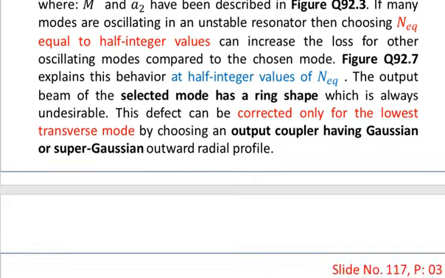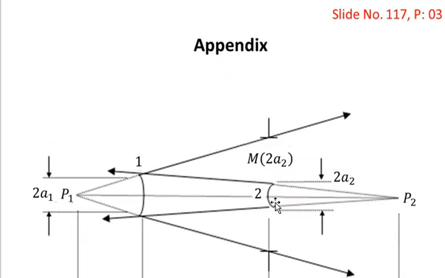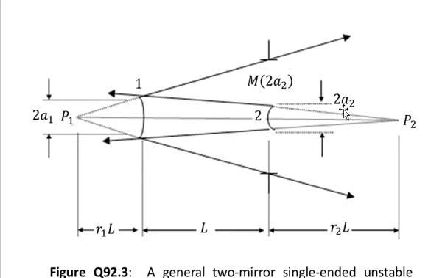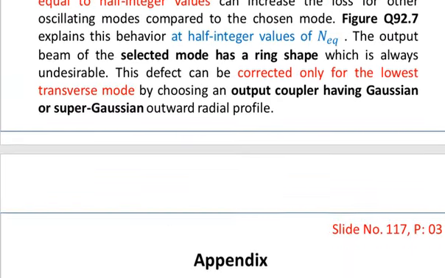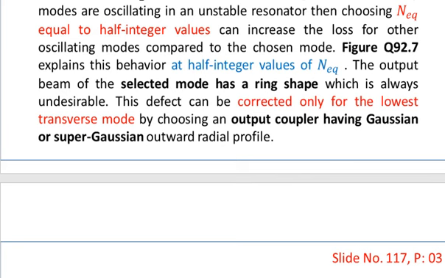So if you choose mirror 2 in such a way that it has a Gaussian or a super Gaussian profile, then of course you can choose such a mirror for the TEM00 mode to come out from the end of the resonator at the side of mirror 2 without any hole or without any ring. So a solid beam of TEM00 mode can be obtained.